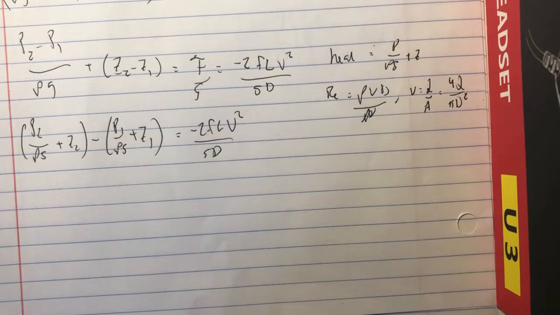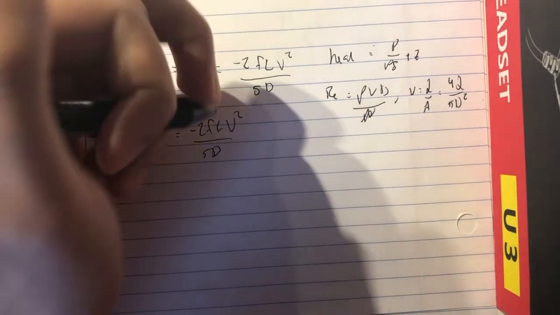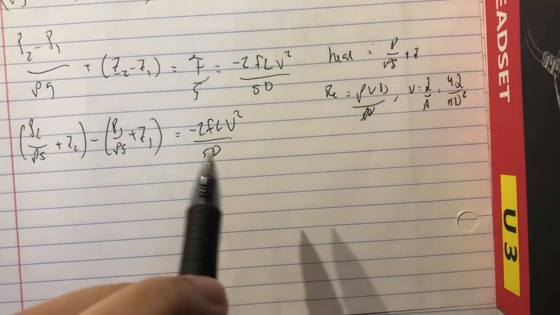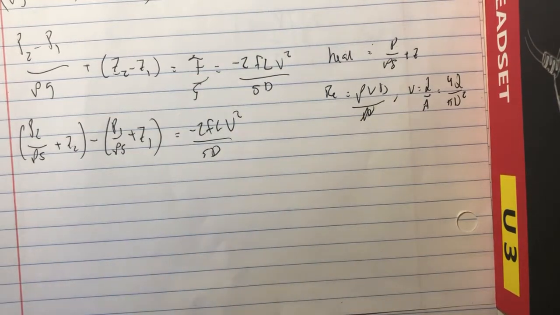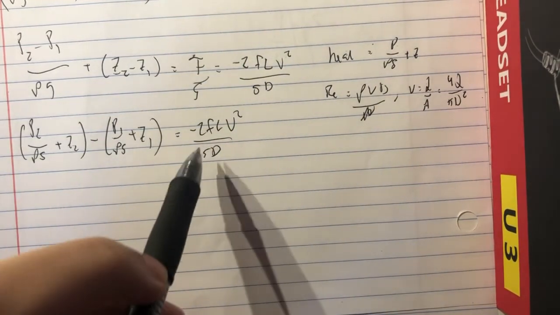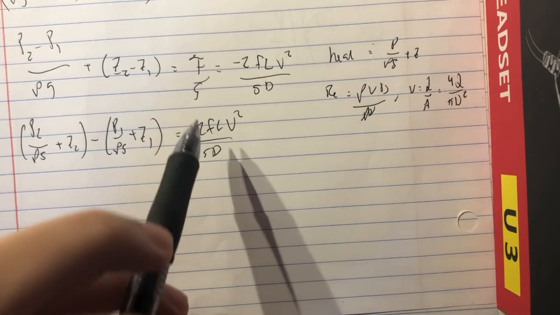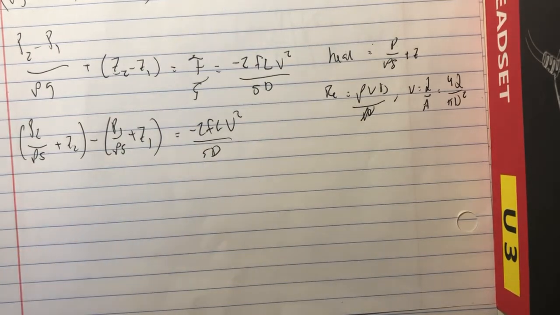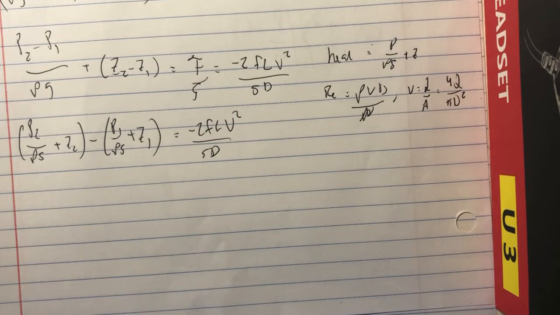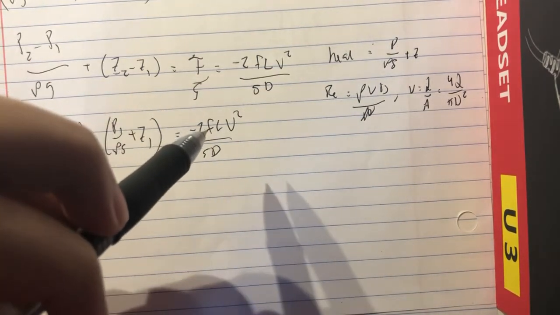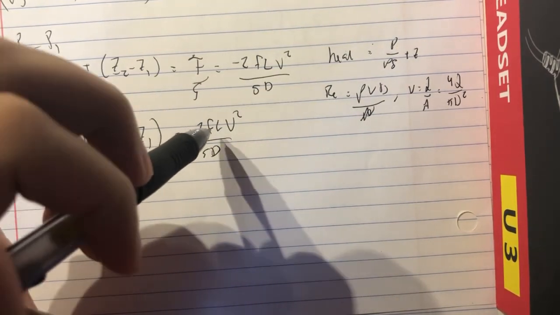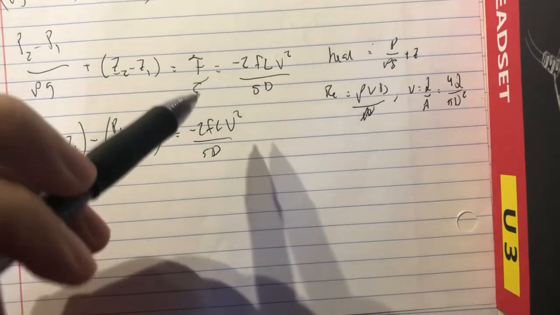Now, on to this value of f. f is a bit harder to find, but it's still relatively easy. There are many ways to find f, but the way we're going to find f is based off the Churchill equation.